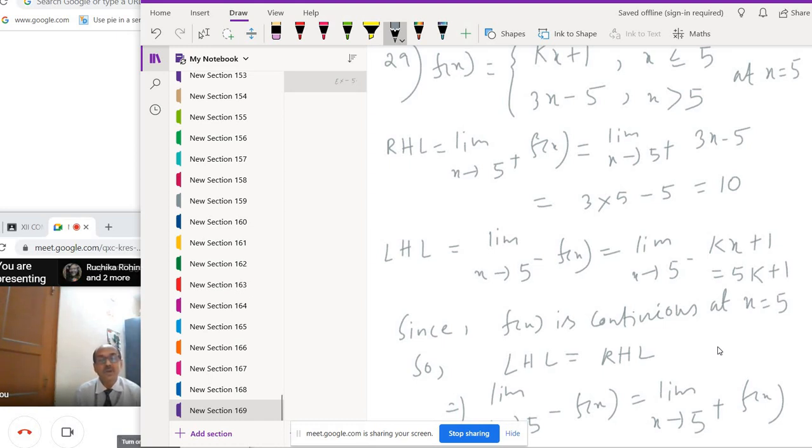So you always have to find the left hand limit and right hand limit, and if the function is continuous at that point, they are equal.